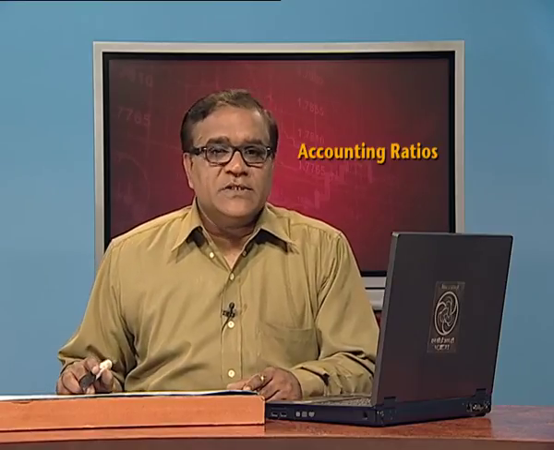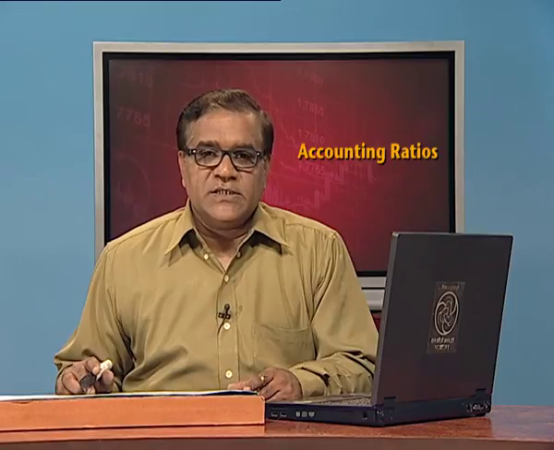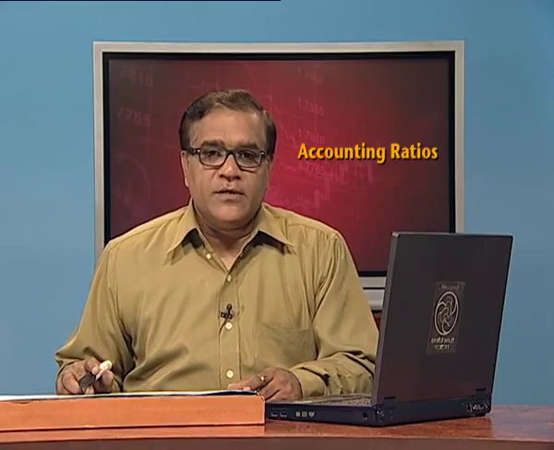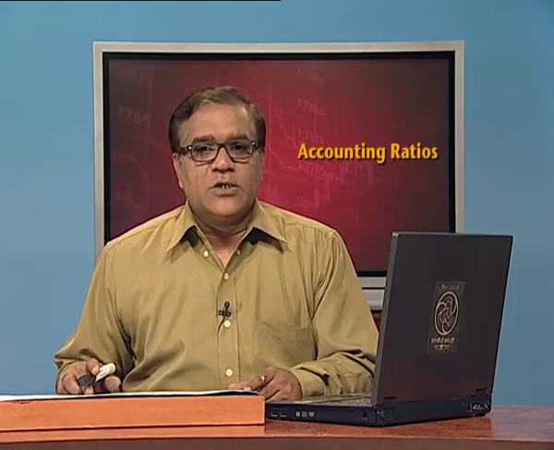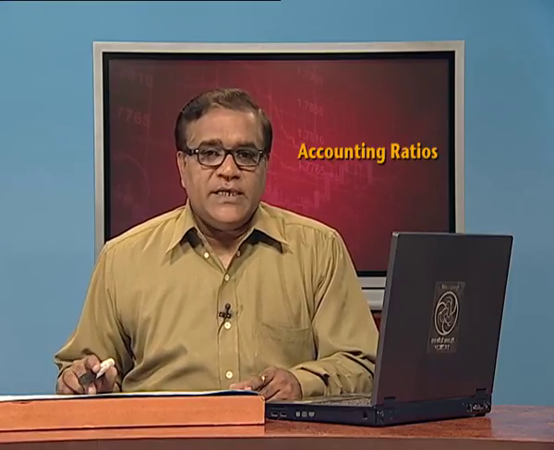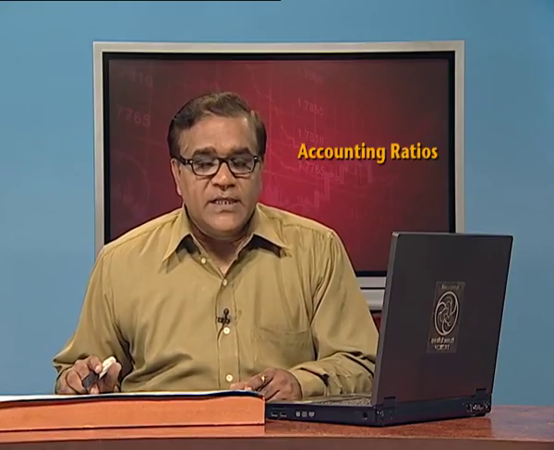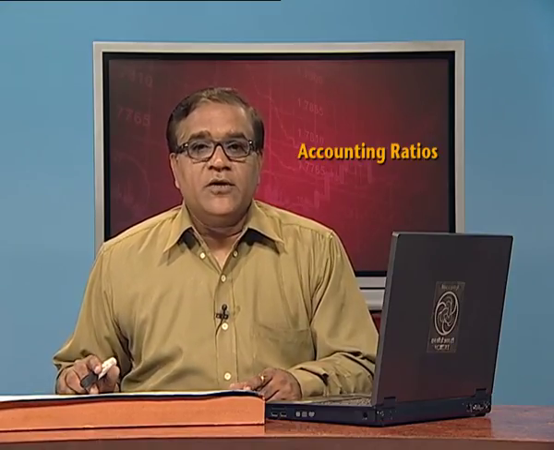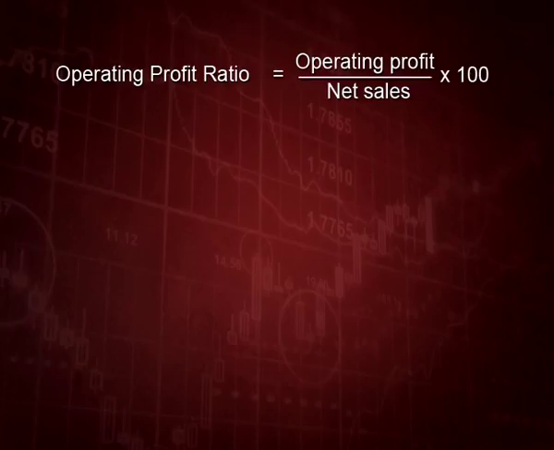Now, operating expenses will include office and administrative expenses, selling expenses, etc. But all non-operating expenses and incomes are excluded from this. A low operating ratio is a healthy sign, because your operating cost is less, that means your profits will be more.